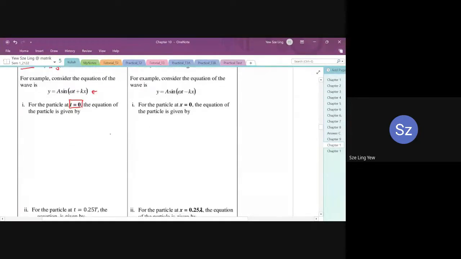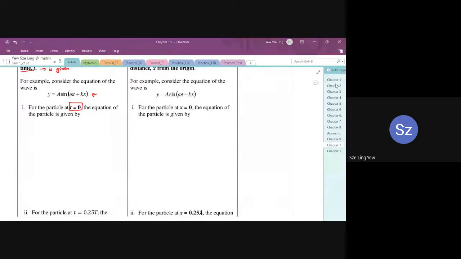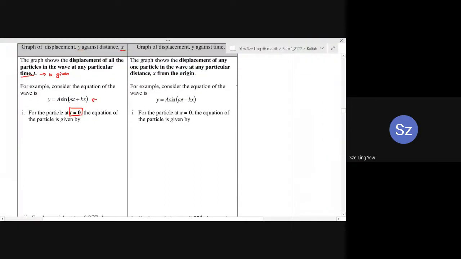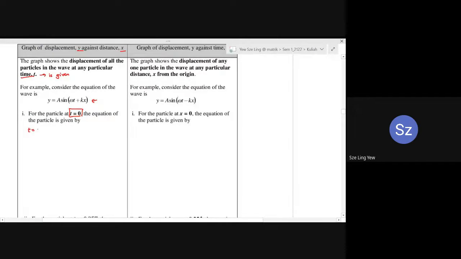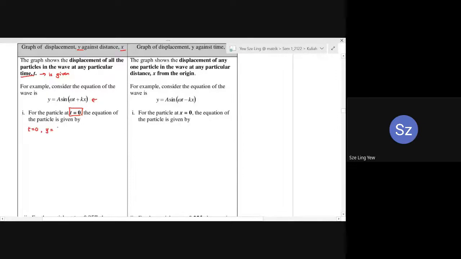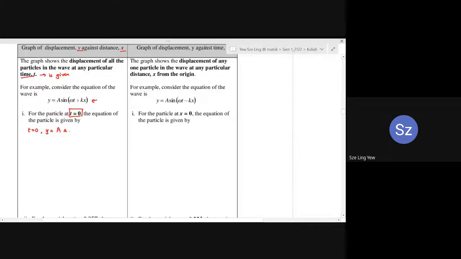Whenever you are given a quantity, a value, basically you just have to substitute it into the equation. So at time t equals 0, our y equals a sine(omega times 0 plus kx). You are given time equals 0, so you substitute 0 into the equation.